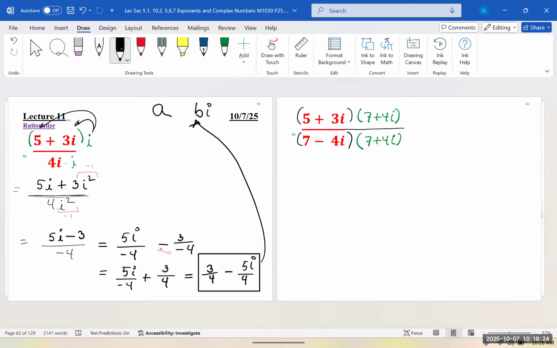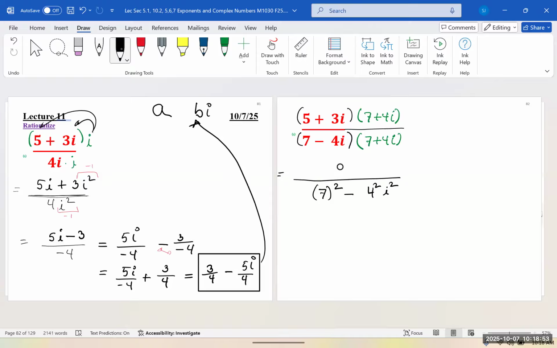And now if you're like me, you're going to do numerator and denominator separately. So the denominator, why do we love conjugates? Because we get perfect squares. 4 squared, i squared. We square each term on the denominator. 7 squared, 4 squared, i squared.